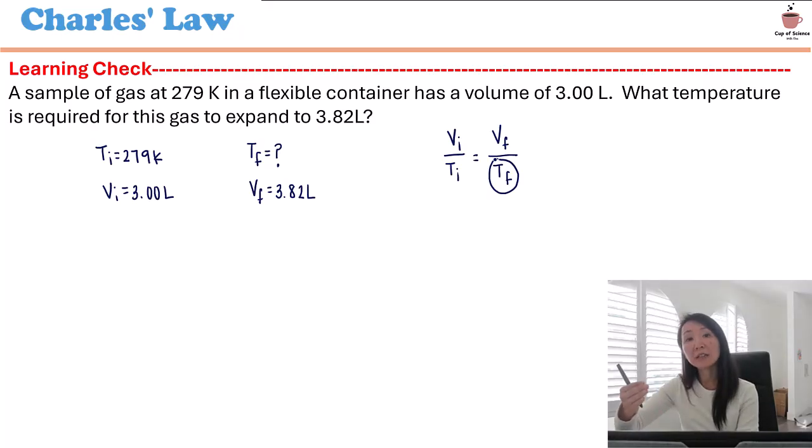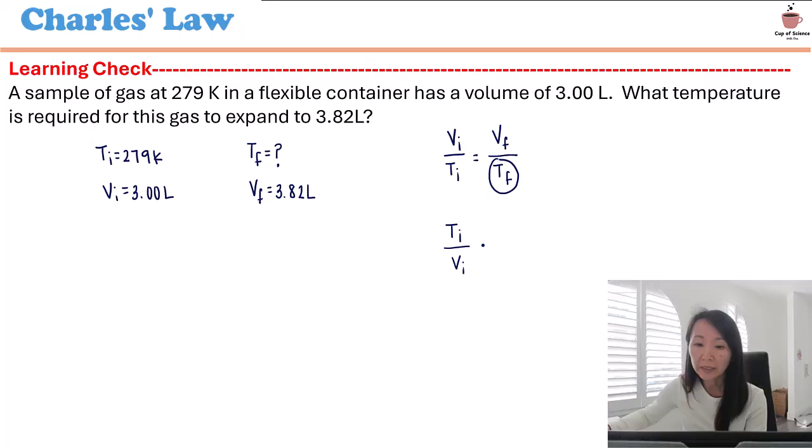When the T final or whatever you're looking for is on the denominator, the calculation can get a little bit more complicated than if what you want is on the numerator. So here's a little trick. You're going to flip everything so that temperature is on top and volume is on the bottom. Now solve for T final.